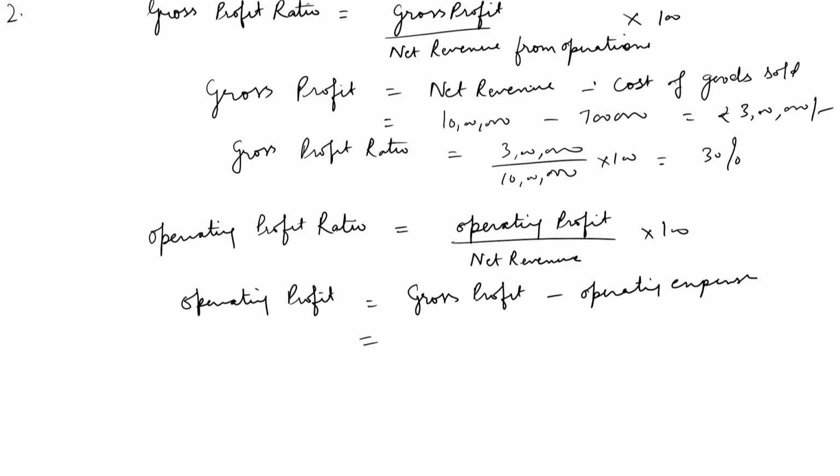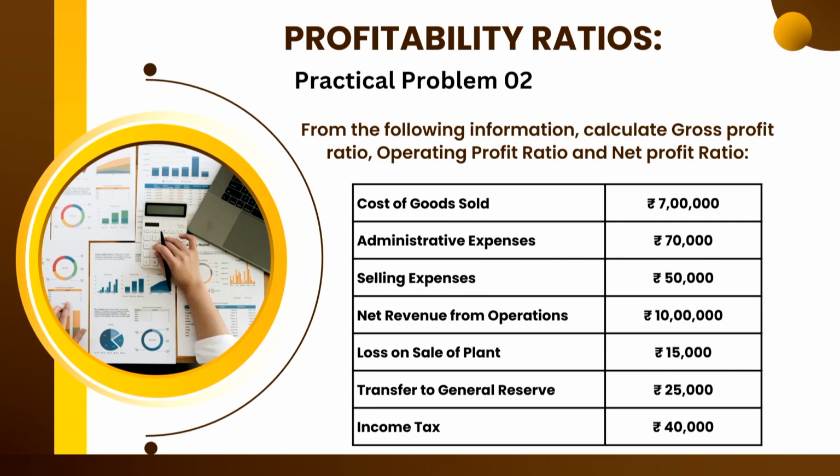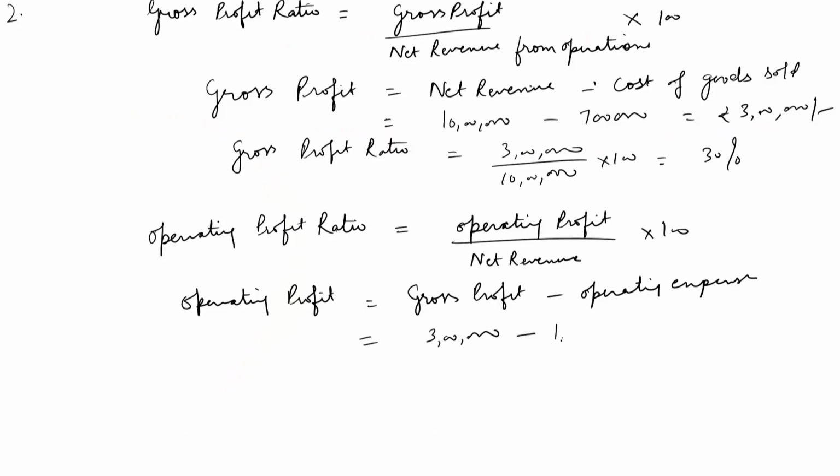Gross profit we just computed as 3 lakh rupees and the operating expenses in this question are 70,000 administrative and selling expenses of 50,000, meaning 1,20,000. So the operating profit will be 1,80,000 rupees.